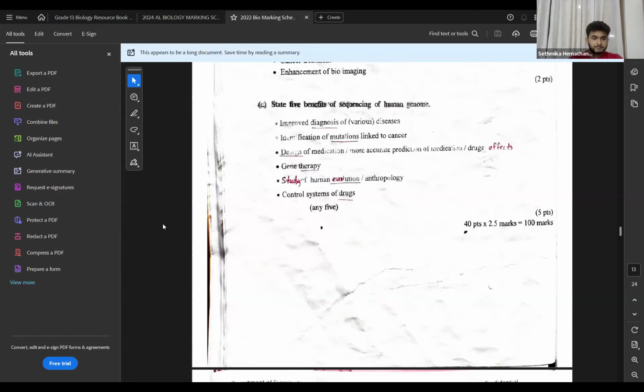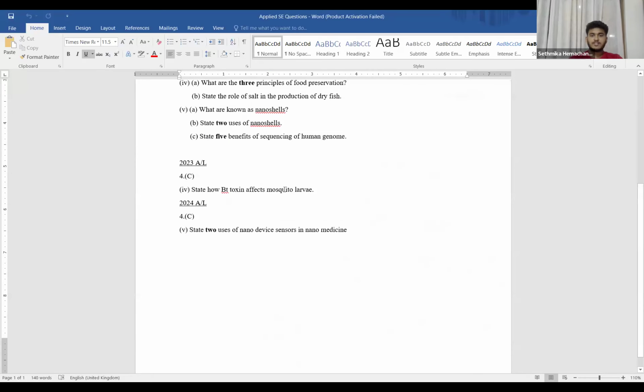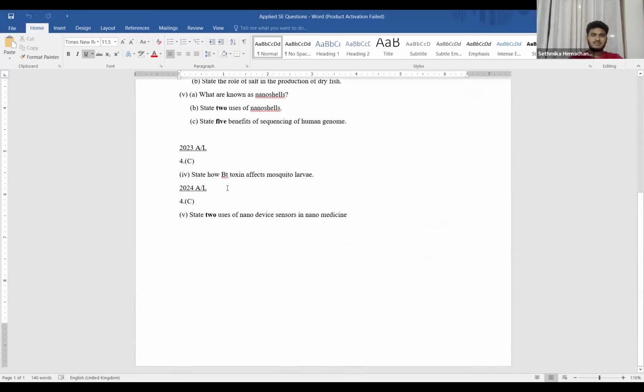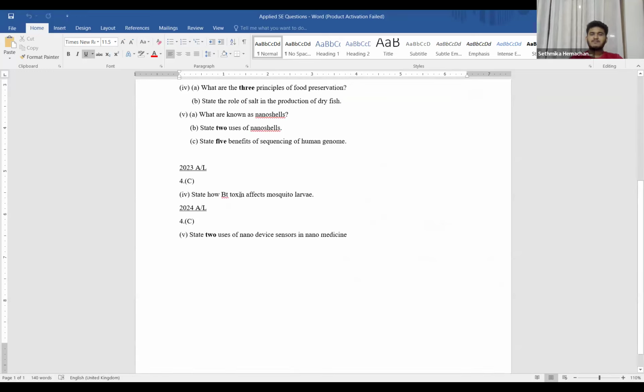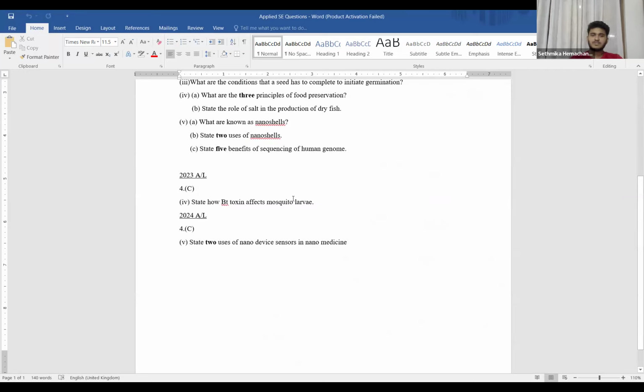Then in 23, state how BT toxin affects mosquito larvae. That's easy. Basically, BT toxin will lyse the tissues of mosquito larvae. But again, what organism produces the BT toxin?